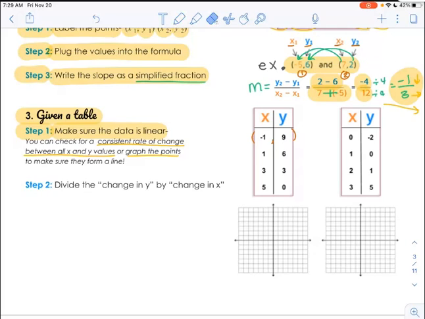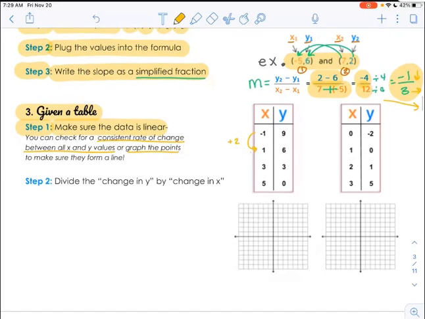So on this first one, with the x values, I'm just going to find the difference between this first x value and the second x value. To get from -1 to 1, that's a +2. -1 plus 2 gets me to 1. And then from 1 to 3, what do I have to do to get there?